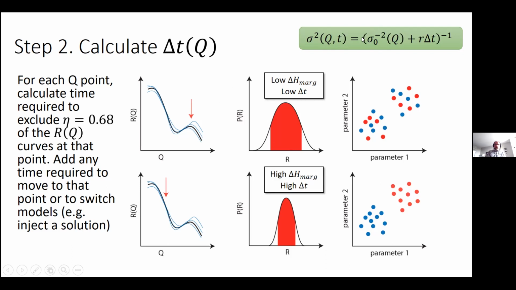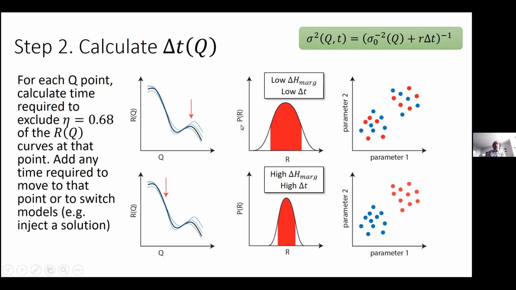If you have a width of the distribution sigma 0 squared, so that would be the width of this black line, to reduce that width of the P of R distribution here to a smaller width sigma, you have to count for a time delta T. And R is the rate at which you're actually measuring neutrons. So that would be R of Q times the incident intensity at that point. And so you know that, you know your instrument, you know what the intensities are, at least approximately. And so you can calculate what the rate is, you can calculate what delta T is.